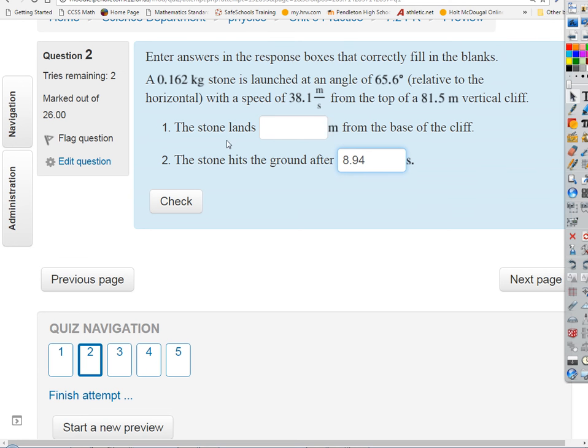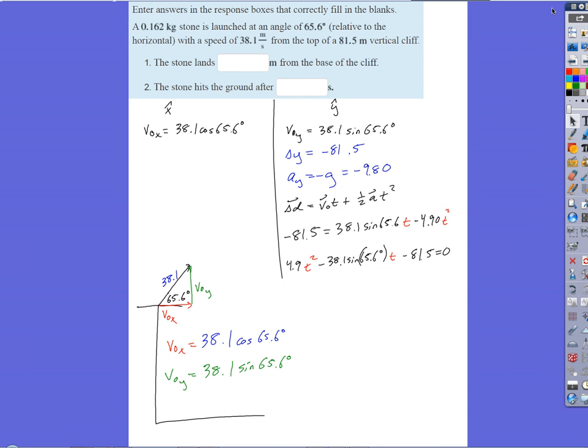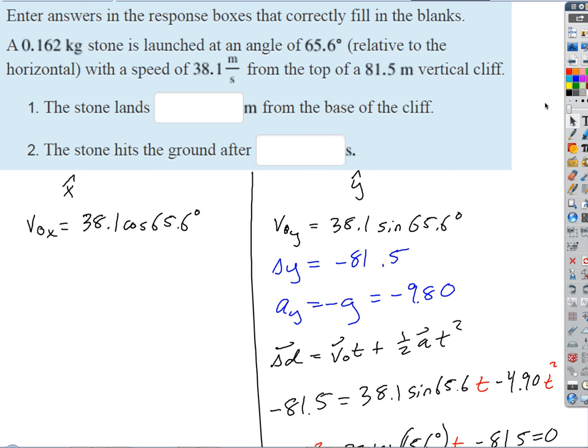The other one it wants to know is how far does it land from the base of the cliff? Well, then I would just have to go over to the X column and say, now that I know what T is, I'm just going to use the first equation here, right?